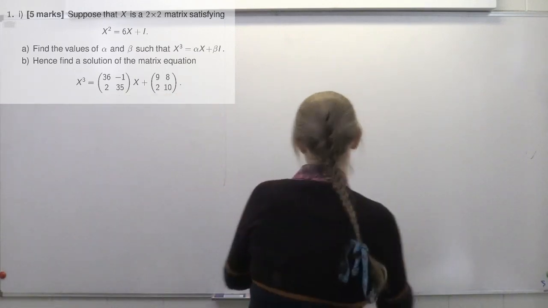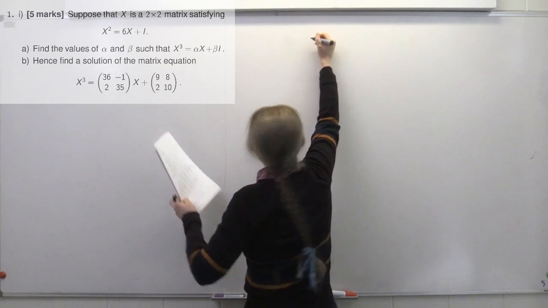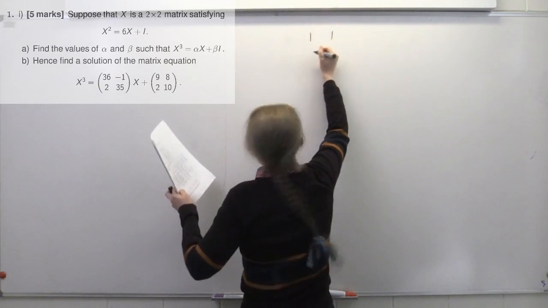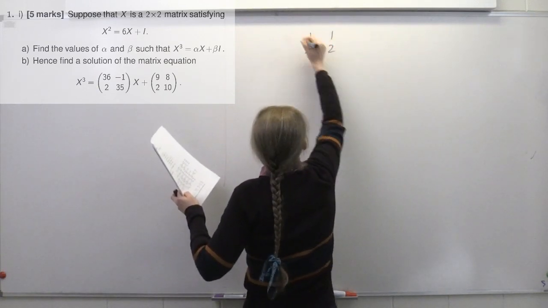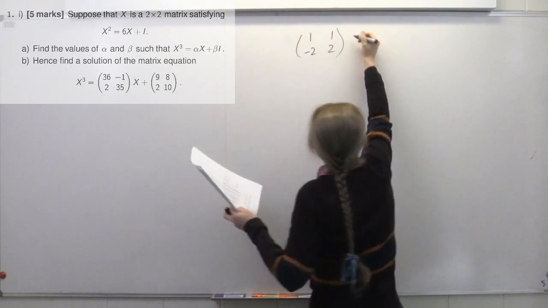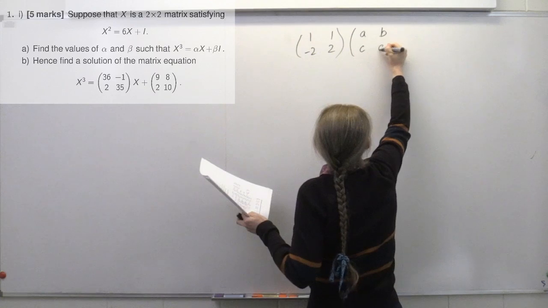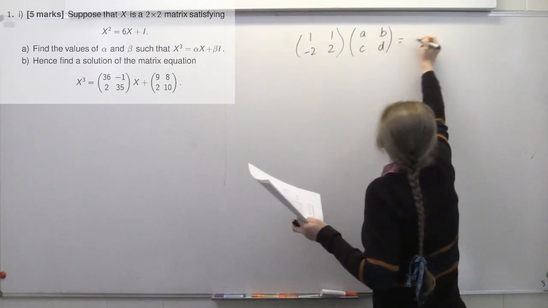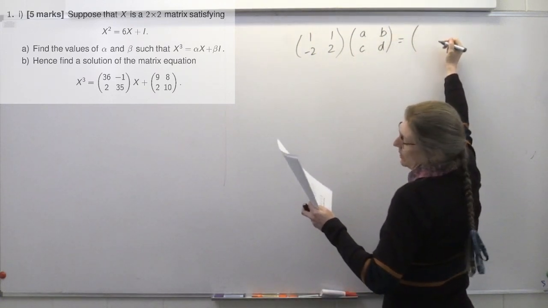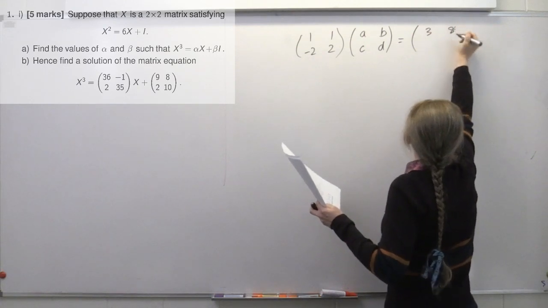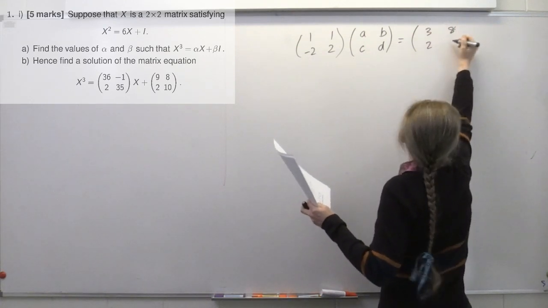All right, so just to reiterate, we had 1, 1, minus 2, 2 times our x, which we'll call A, B, C and D. Okay, and that right-hand side was 3, 8, 2 and 4.